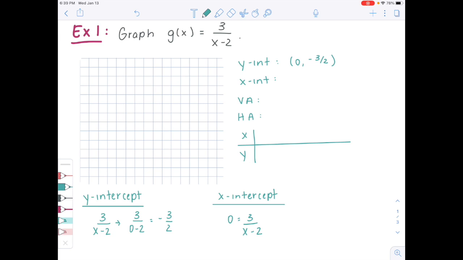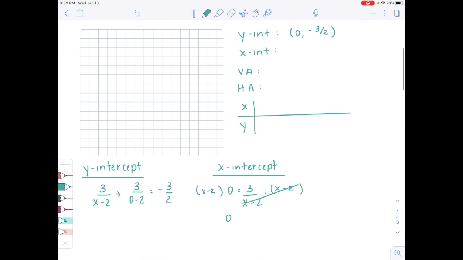The first thing I have to do is multiply by the denominator on both sides. When I do that, I end up with 0 equals 3, which we know is not true. Since there's nothing I can do there, that's no solution. There is no x-intercept, which tells me that the graph is never going to cross the x-axis.